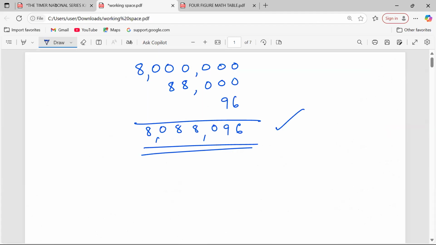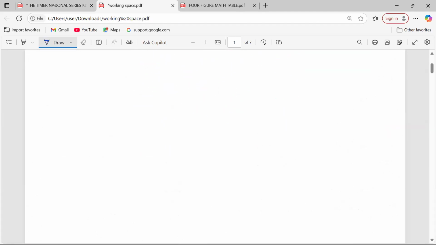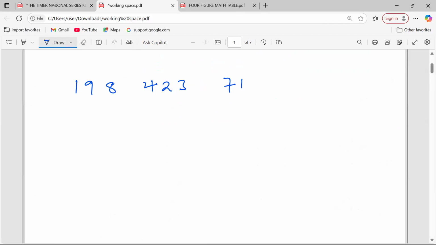So we are talking of 198,423,715. Yes, 715 that way. Then now we know that this is ones, tens, hundreds, thousands.